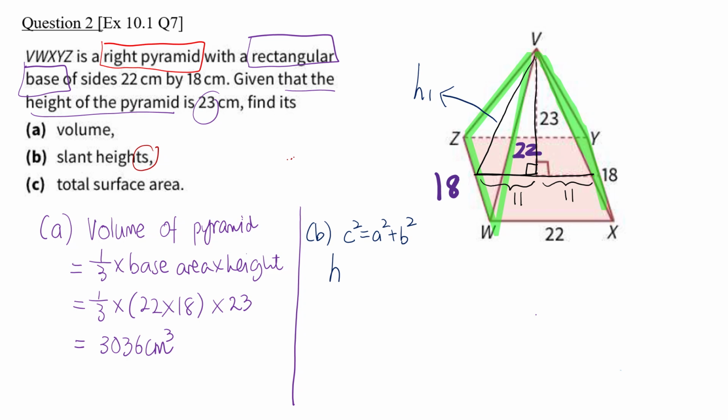So I'm replacing the letter C with H1 squared, and you can take 11 as a value for A and 23 as a value for B. Use your calculator to work out 11 squared plus 23 squared to be 650. H1 squared is 650. We need to square root it because we are finding H1. So H1 is the square root of 650.